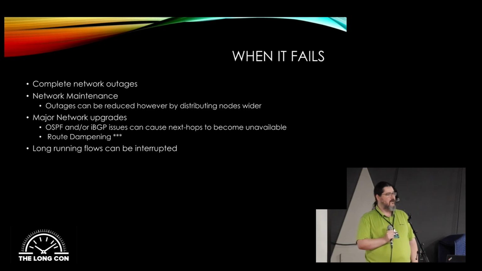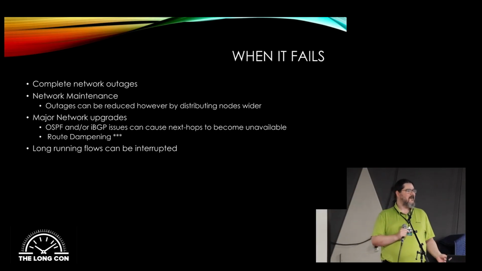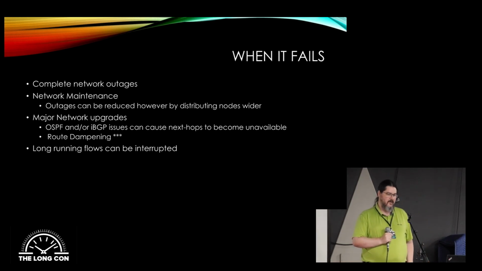Depending on how your Anycast nodes are connected to your routers, if all of your Anycast nodes are connected to a single router and you do maintenance on that single router, well, now you've just lost all your DNS, and this probably is not going to provide the level of redundancy that you thought it did. However, if you have half your nodes connected to one router, half your nodes connected to another router and maybe another location, like the RFC suggests, then you can end up with pretty high uptime.